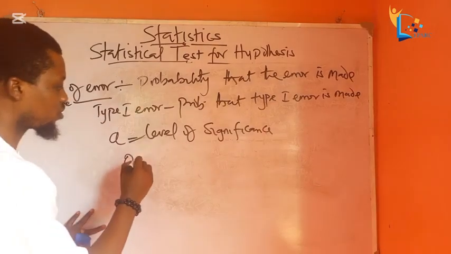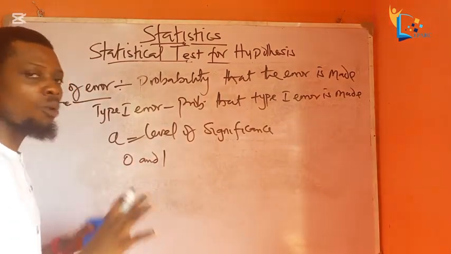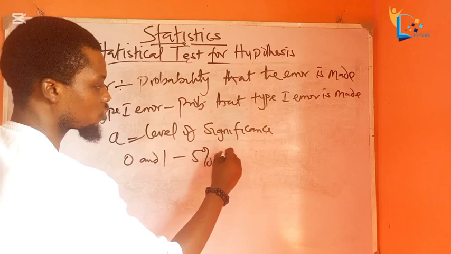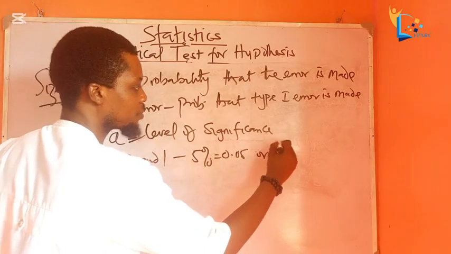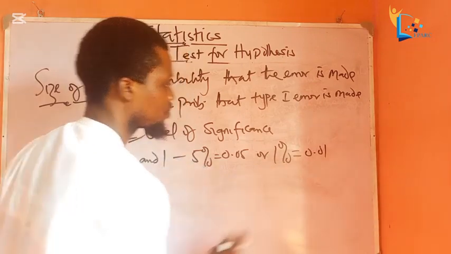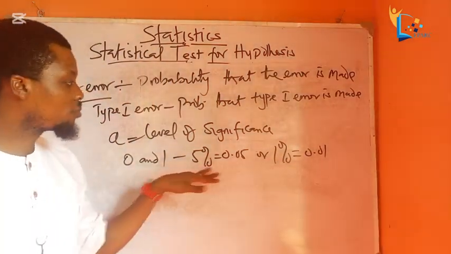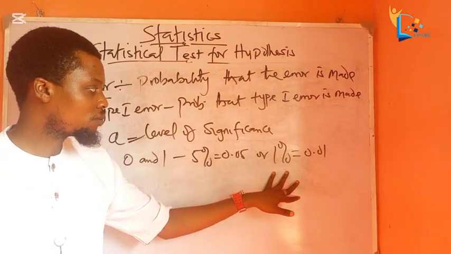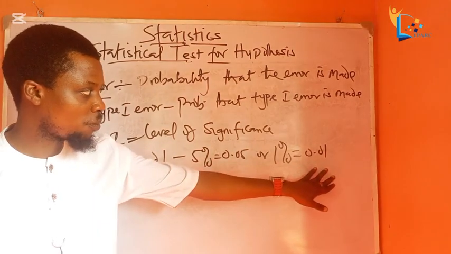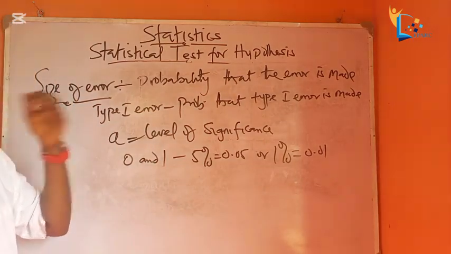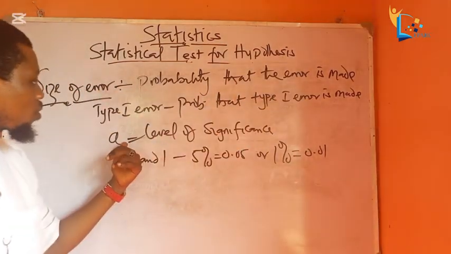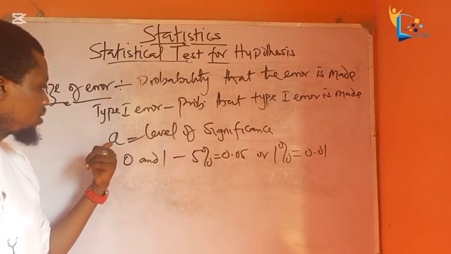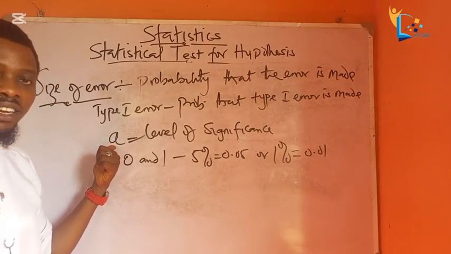And it's usually between 0 and 1. The commonly used levels of significance are 5%, which is equal to 0.05, or 1%, which is equal to 0.01. These are the common levels being used in statistics. So the probability that type 1 error is made is what we call the level of significance, denoted by alpha.